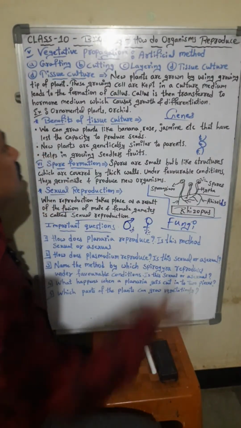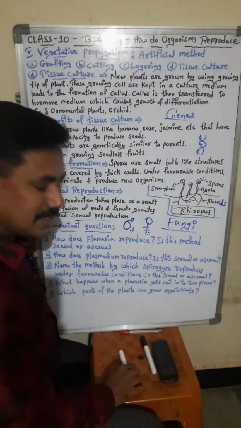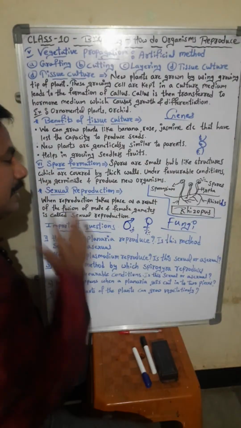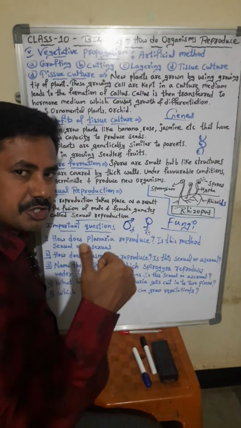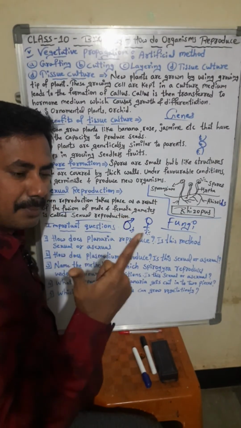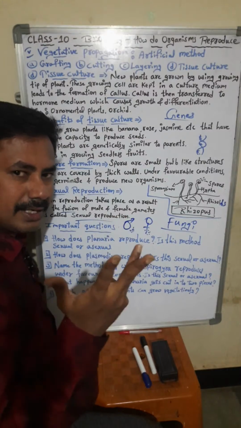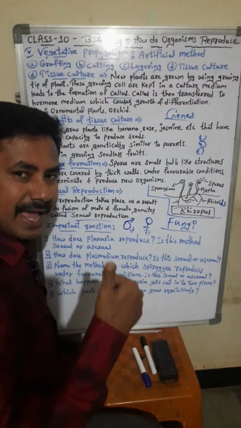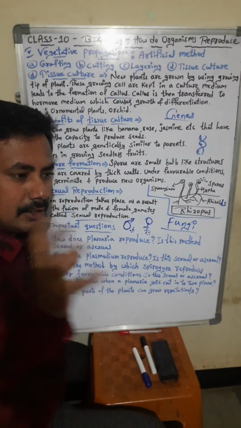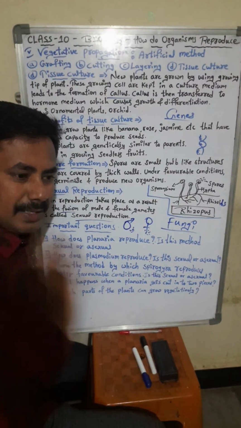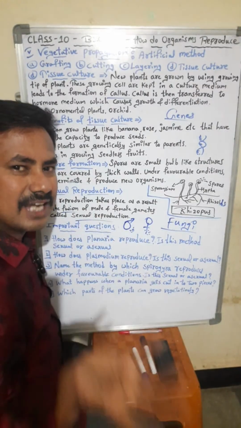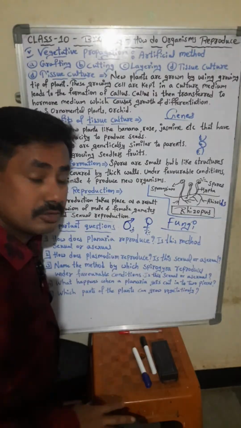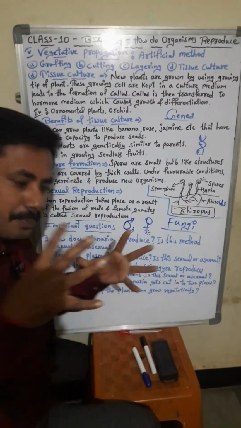So let us see. Students, asexual modes of reproduction have 6 types in total: fission, fragmentation, regeneration, budding, vegetative propagation, spore formation. What is fission? When a mother cell divides into daughter cells, it is called fission. Don't be confused between fusion and fission. Fusion is combination.